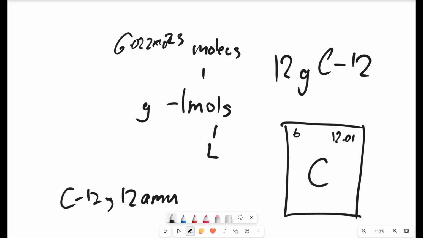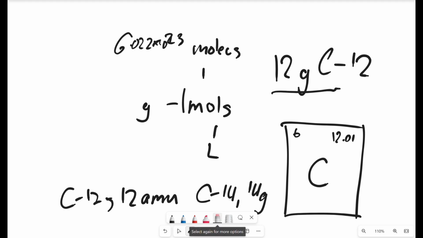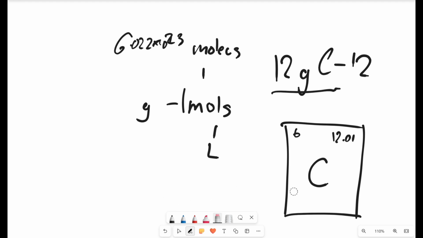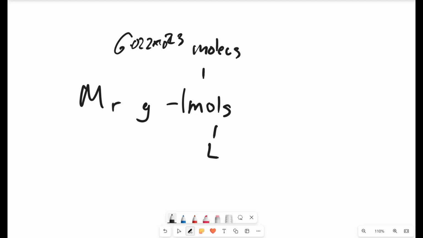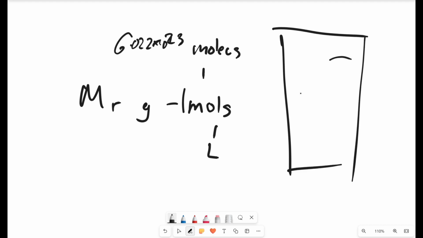So what we can say is that 12 grams of carbon is going to be 1 mole of carbon. If we had carbon 14, then we would know that 14 grams of carbon 14 is 1 mole: 14 AMU, 14 grams, 1 mole. So molar mass is a thing, often abbreviated as Mr, and molar mass is basically just the AMU number.